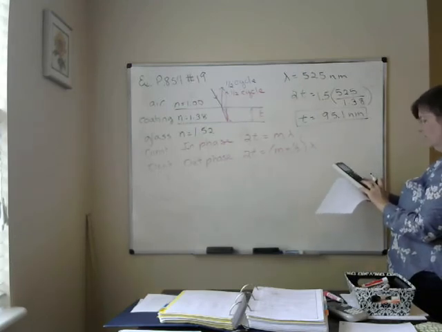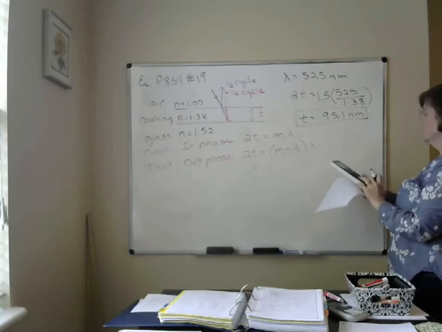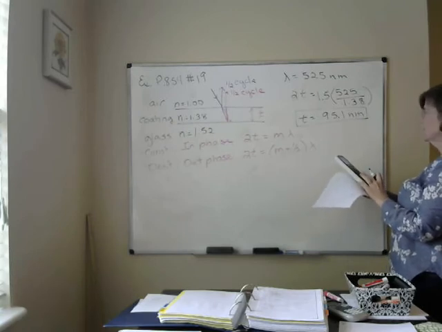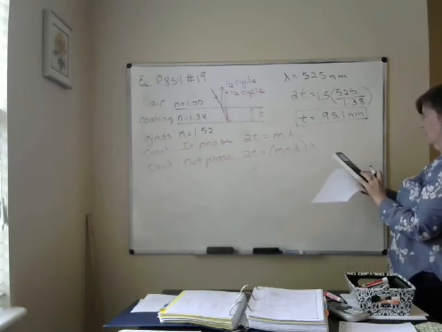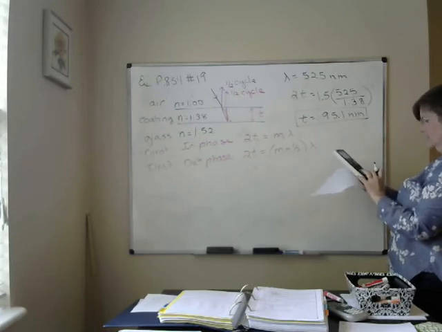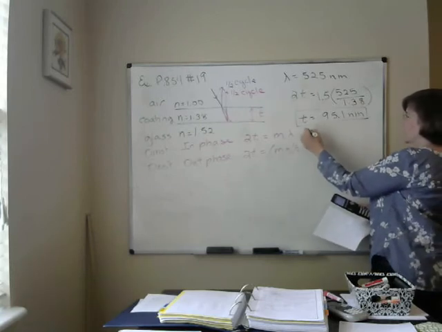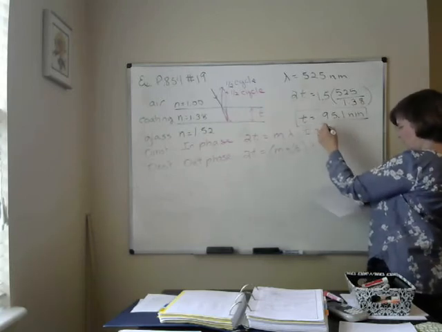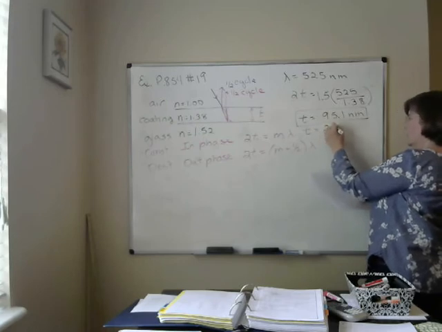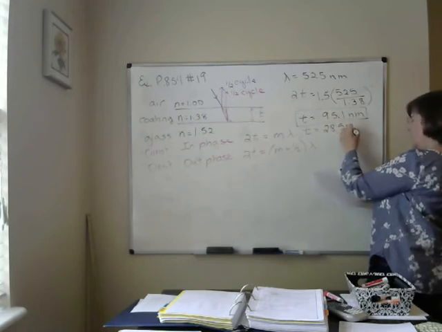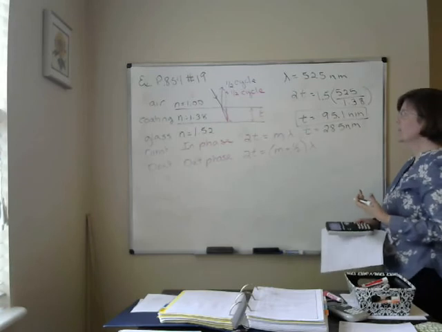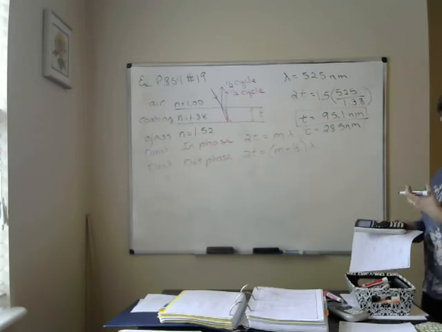Let's try that. 525 divided by 1.38. In that case, you could get similar results with a coating of about 285 nanometers. And that might be more practical to have a thicker, more durable coating.